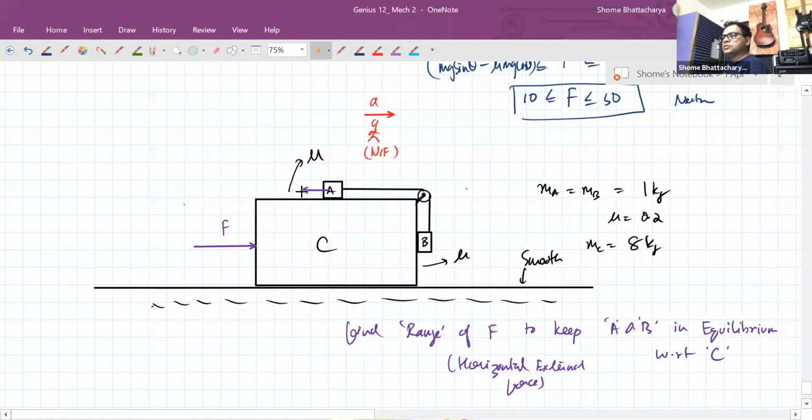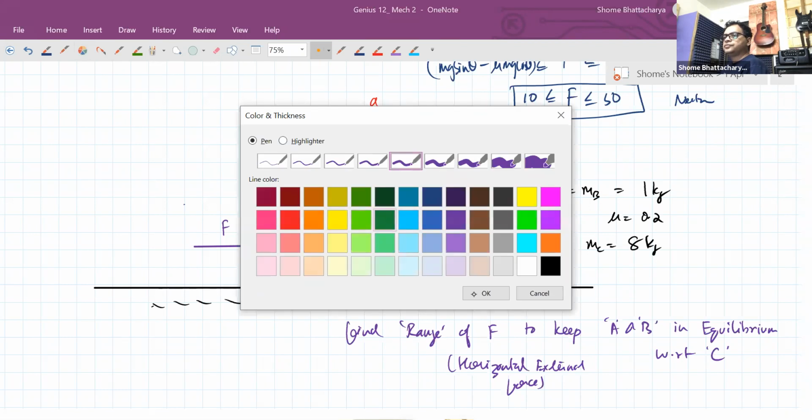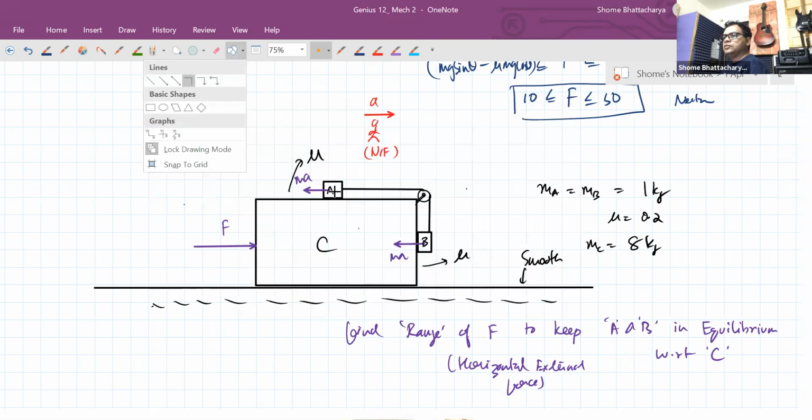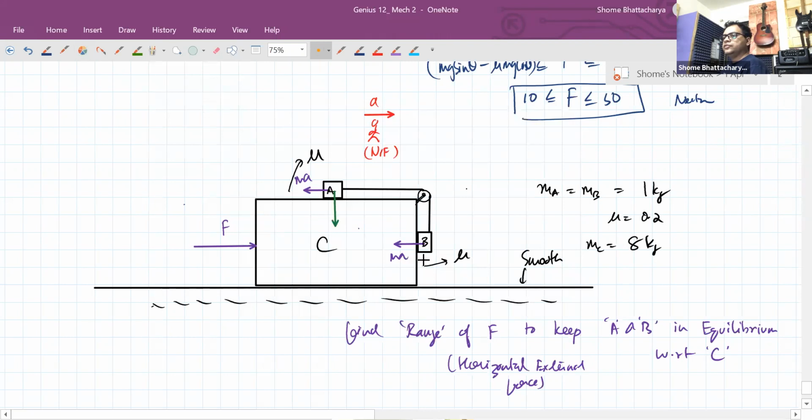We'll see pseudo force, pseudo force, weights, obviously there is tension in the thread, and there's going to be normal reaction on each of the blocks.